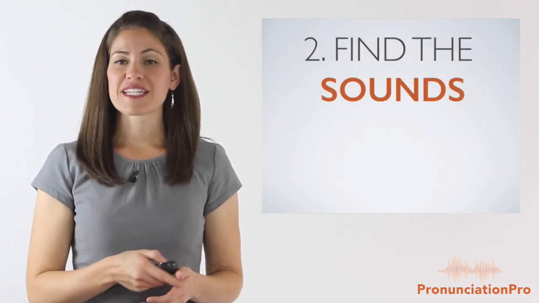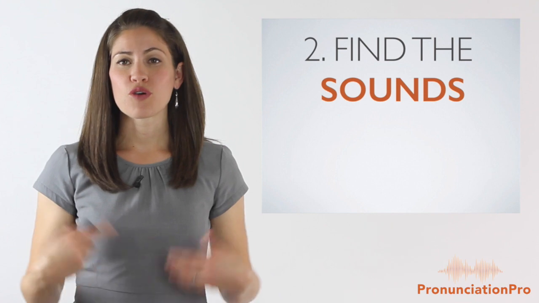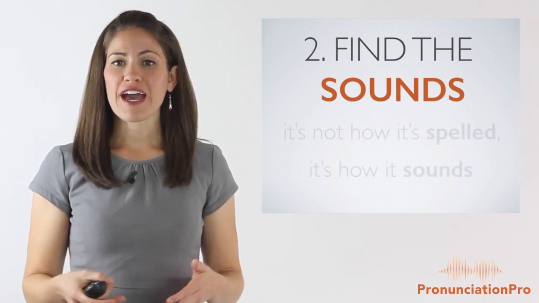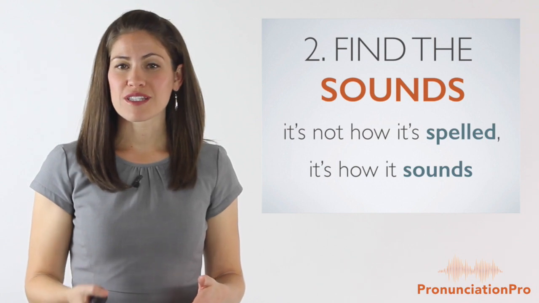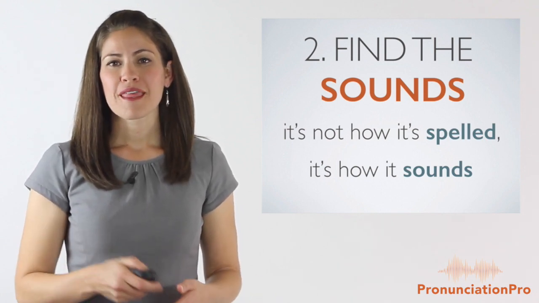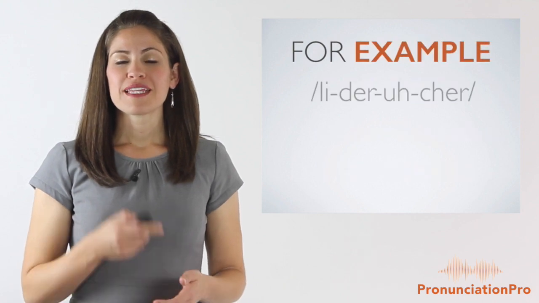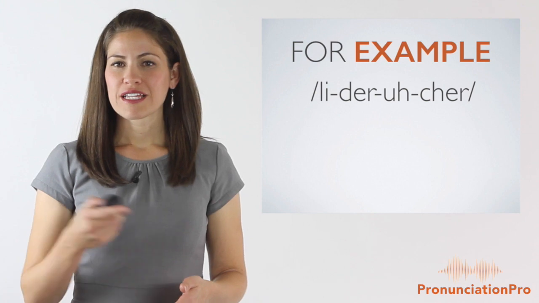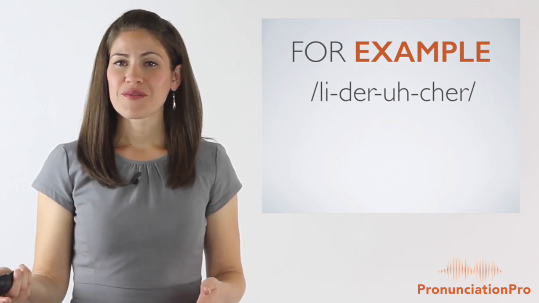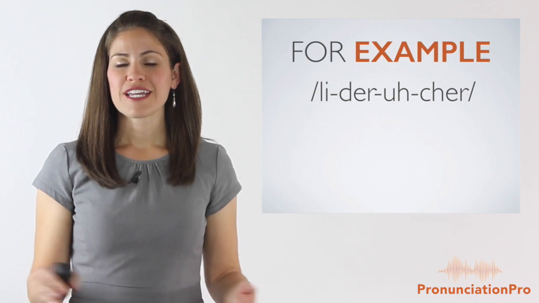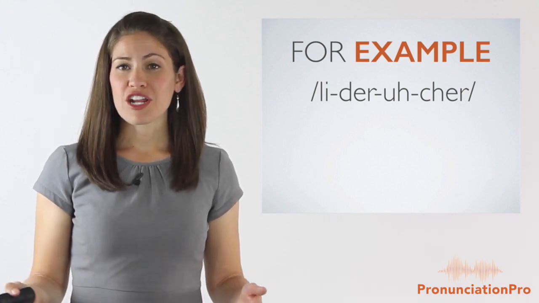The second step is to find the sounds. So I'm going to be using Rudin phonetics, but essentially you need to find the sounds in the words, not necessarily how it's spelled, but how it sounds. If you're not sure what sounds they have in the word, then you can look it up at dictionary.com.